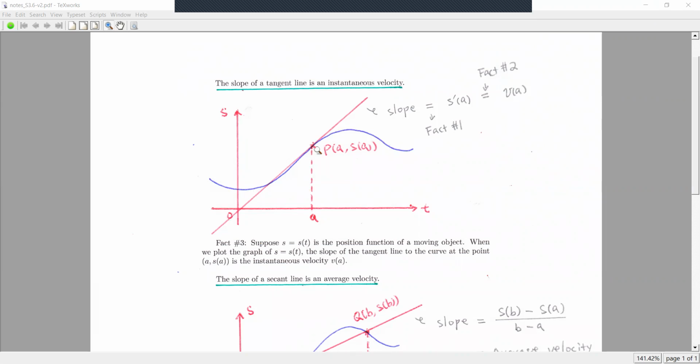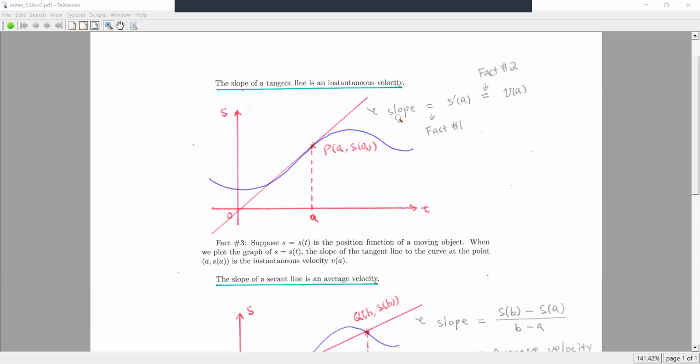On the curve, pick a point, say point P, x coordinate is A, y coordinate is the function value at A. At this point, draw a tangent line.